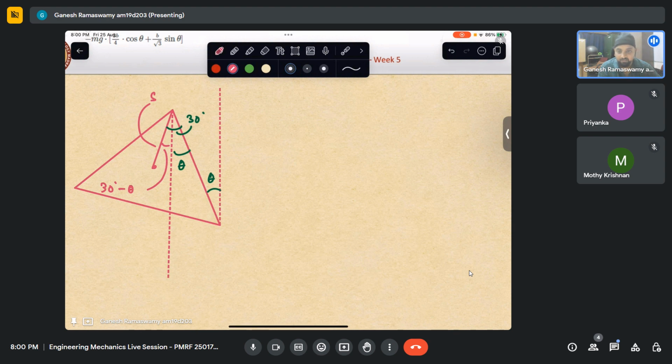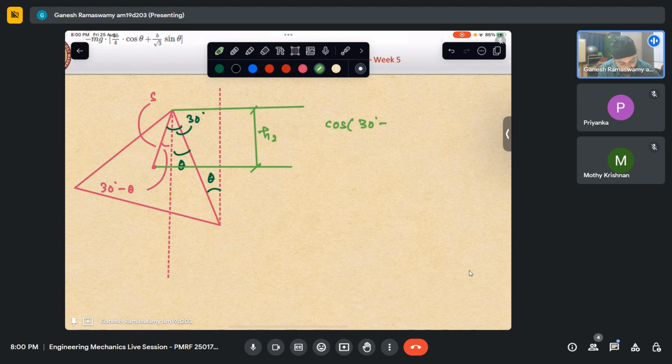In such a case, I have this to be the figure, and this is my h2. Can I see from this triangle that cos of 30 minus theta is nothing but h2 upon s, or h2 is s cos 30 minus theta.